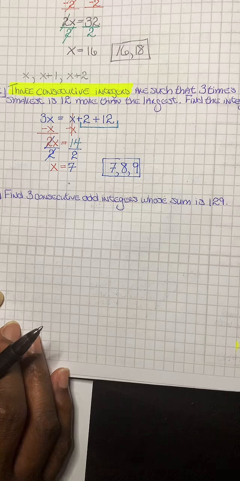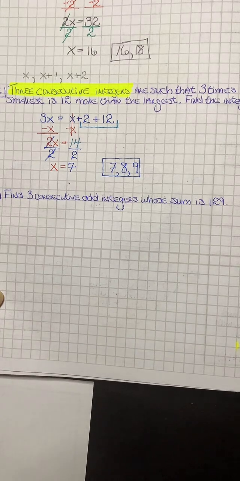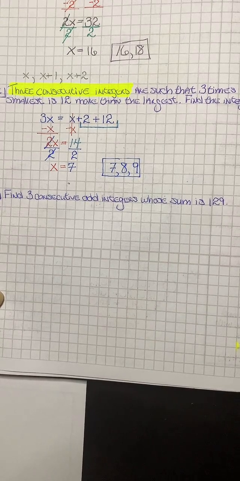Albard saying 41, 43, 45. Baby, 43, 44, 45. Check that 44. Weeby saying 43, 45, 47.